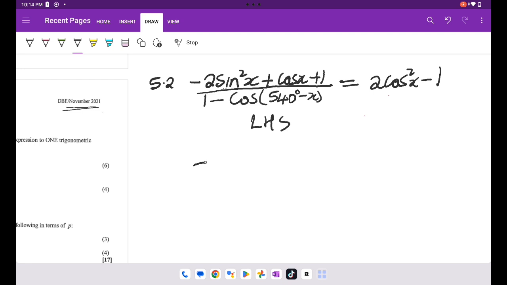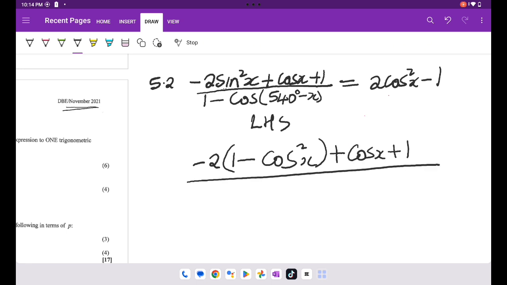We can use the identity sine squared x plus cos squared x is 1. Therefore, negative 2 sine squared x, we can write as negative 2 into (1 minus cos squared x), plus cos x plus 1, all over 1 minus cos of (540 minus x). For any angle that is more than 360, we subtract 360 until it is less than 360.